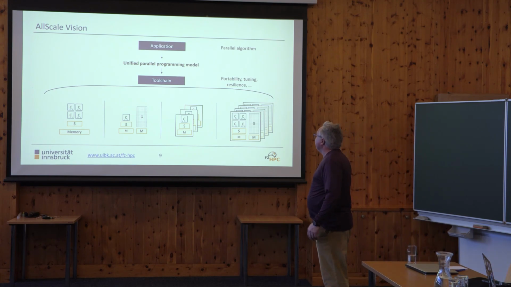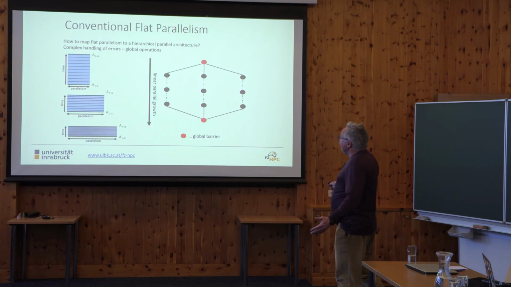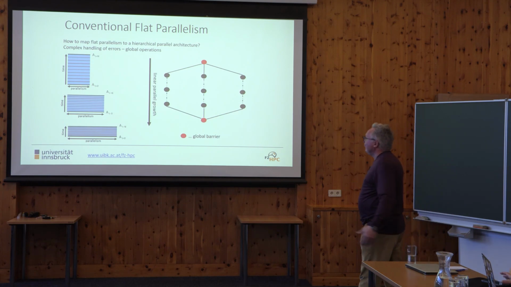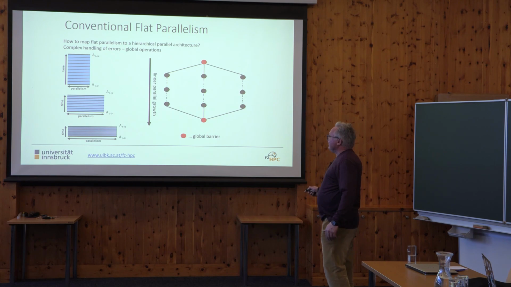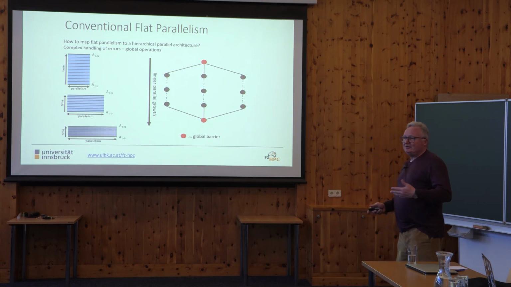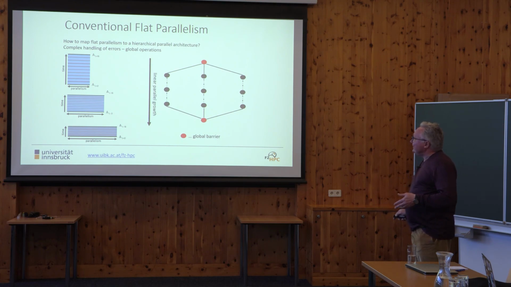So conventional flat parallelism: if you look at individual parallel loops, you use a certain number of processors, and if you increase the number of processors per loop, the work gets smaller and smaller, and at some point there's more overhead and synchronization than useful work. These red lines here correspond to global synchronization.